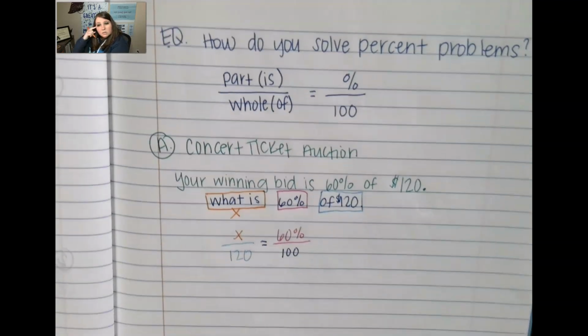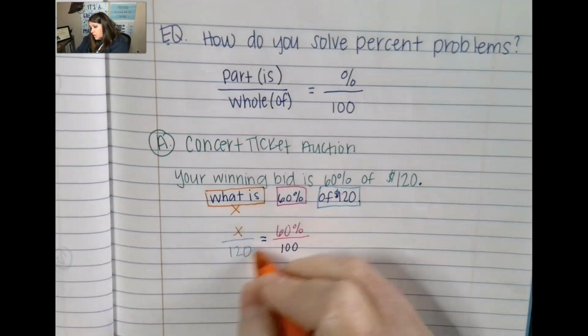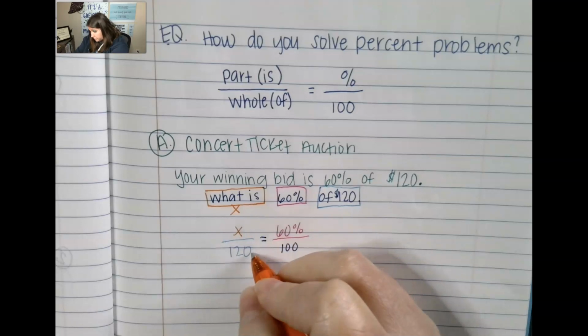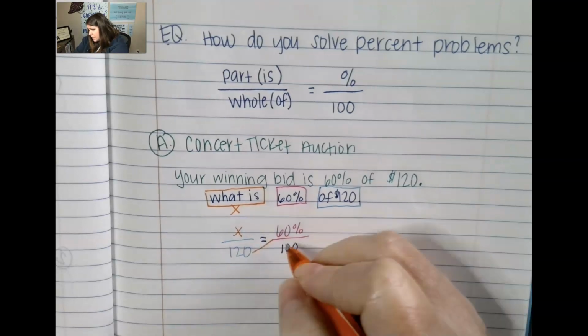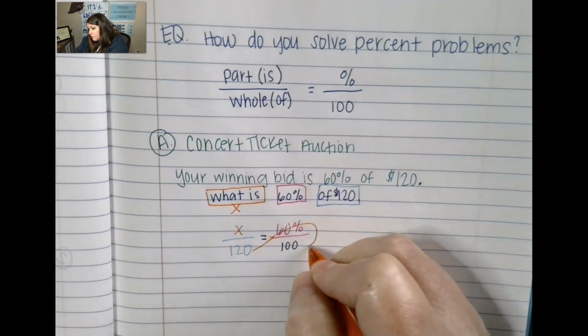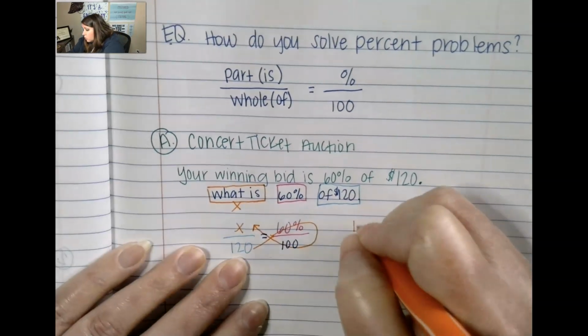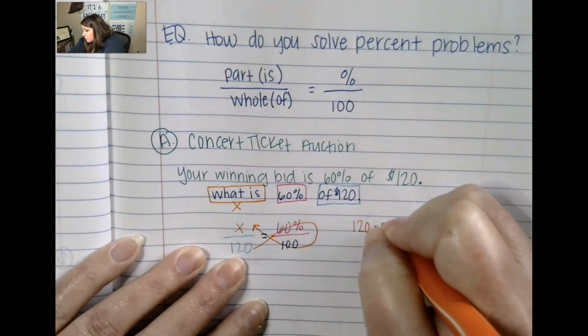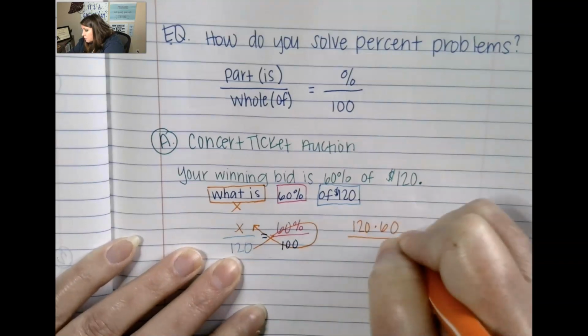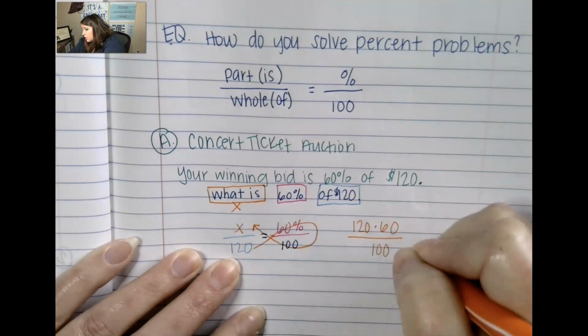So I'm going to use cross multiplication. I'm going to multiply the two things that are across from each other. So 120 times 60, and then divide by 100 to get X.